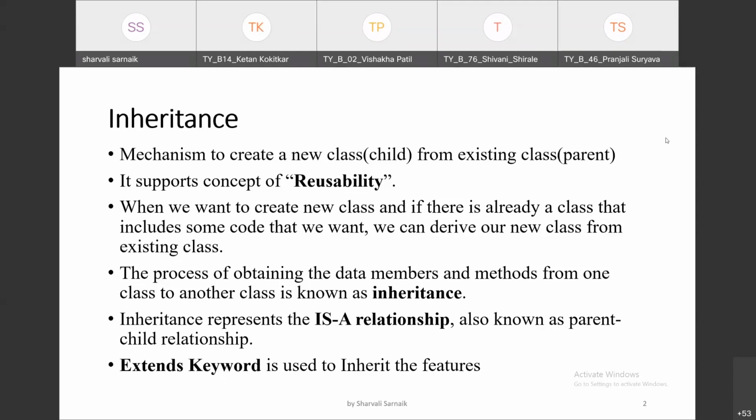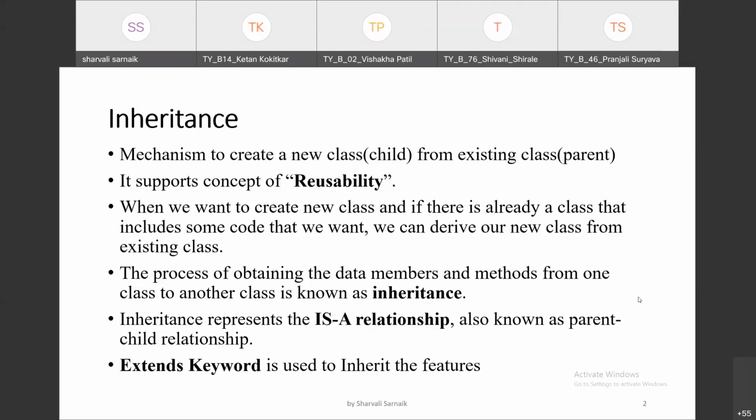Now, for example, when we want to create a new class, and there is already a class that includes some code that we want, we can derive a new class from the existing class. The process of obtaining the data members and methods from one class to another class, we call inheritance. Some data members and methods which were already declared in a class, we take into a new class, and we call that inheritance.